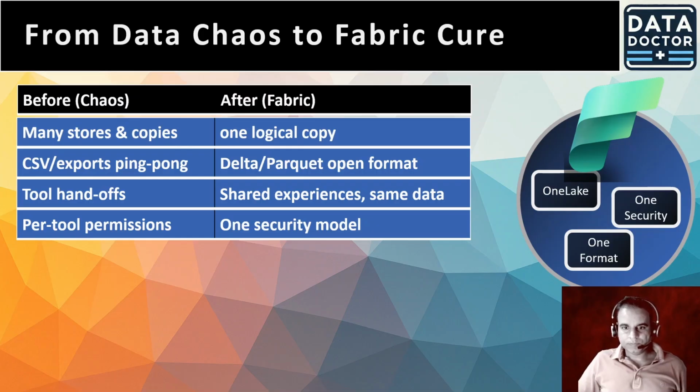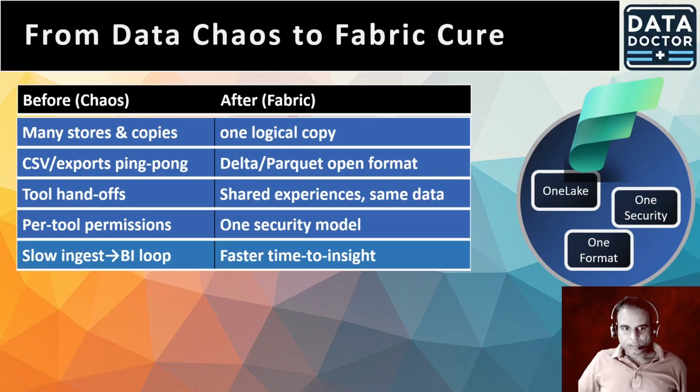Problem with the integration. Here we have only one security model, and this is achieved by one single service within Fabric, and we will have a look into that as well. Then the problem of slow ingest and hand-offs and moving to different tools is also reduced because we are not moving over data. So it means there is a faster time to insights and faster decision making.